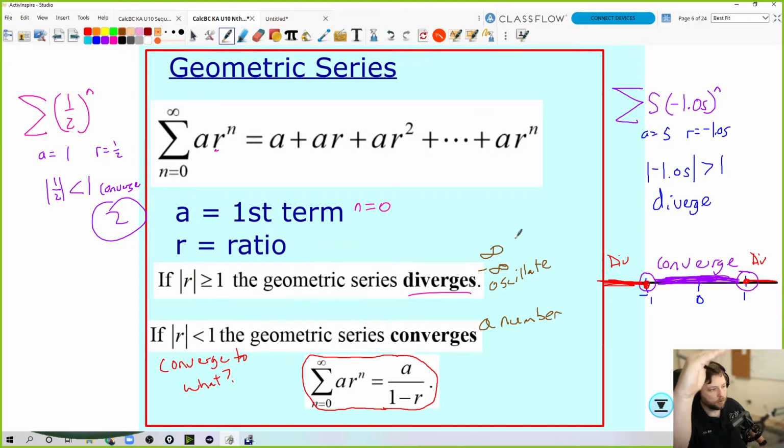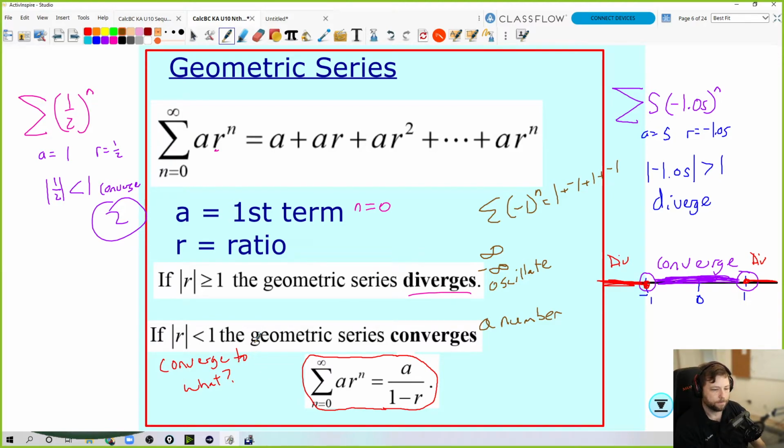Something that would oscillate would be the sum of -1 to the nth power, because that's just going to be 1 plus -1 plus 1 plus -1. It's going to rotate between 1 and 0, but it never approaches anything. All right. We'll get to inconclusive later. In these cases, we don't have inconclusive.